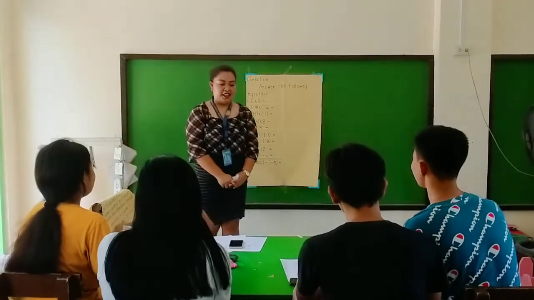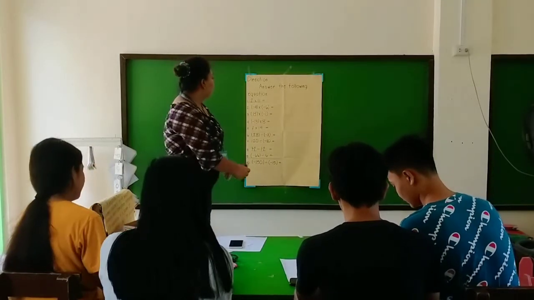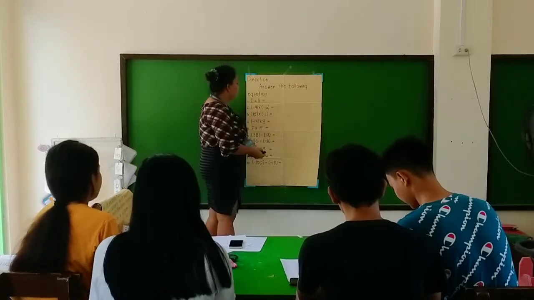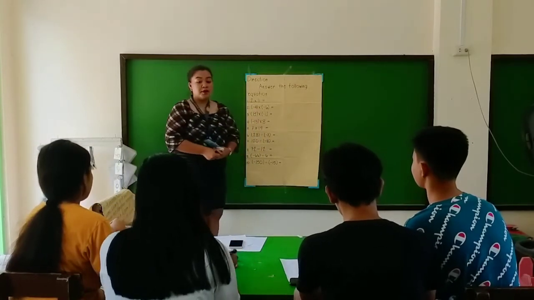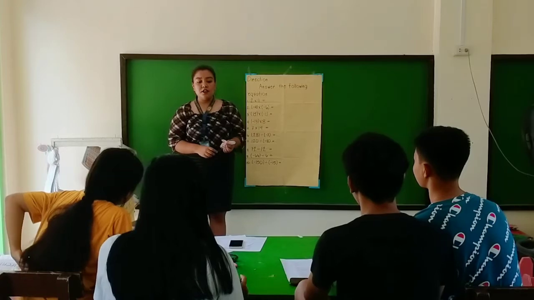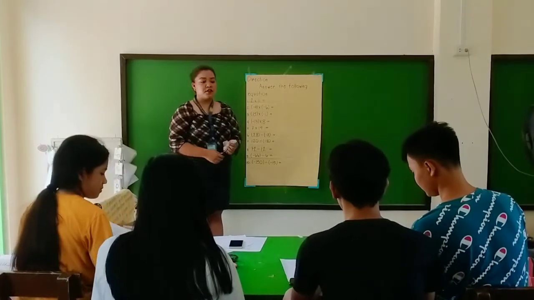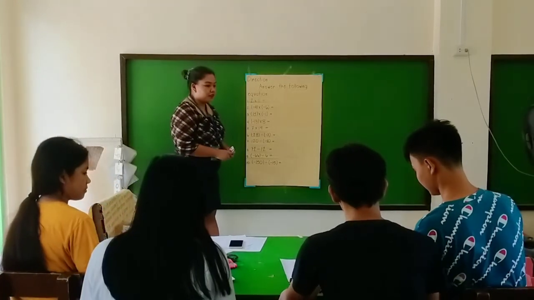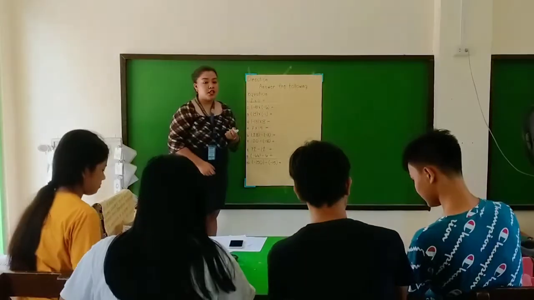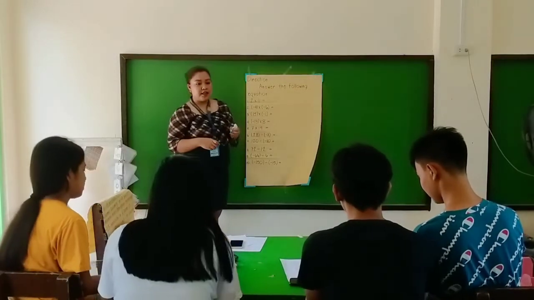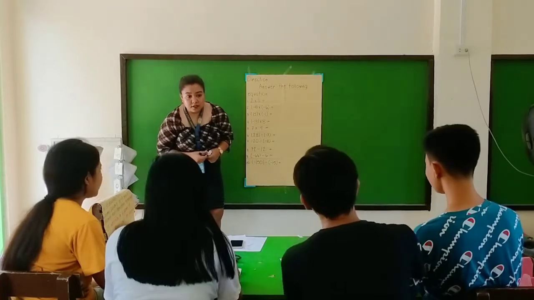Yes, ma'am. Okay, very good. So, for the number 1 equation, 2 times 11. Before we answer it, will you please exchange your paper with your seatmate? Okay, very good. So, number 1 equation, 2 times 11 is equal to 22.